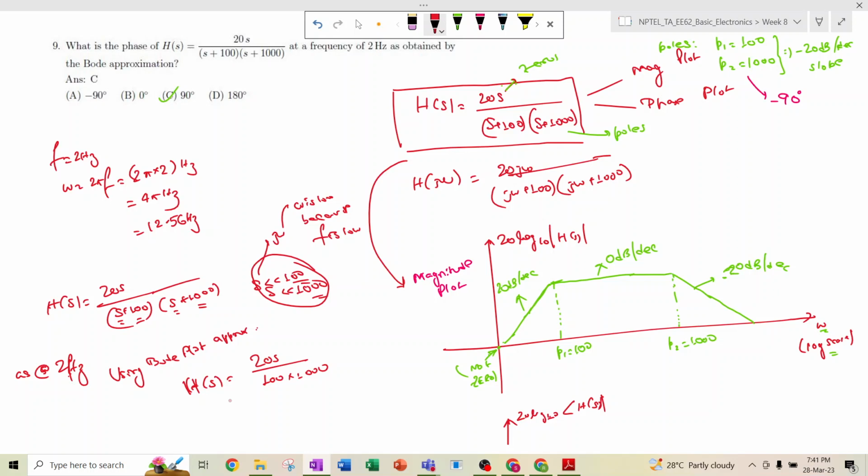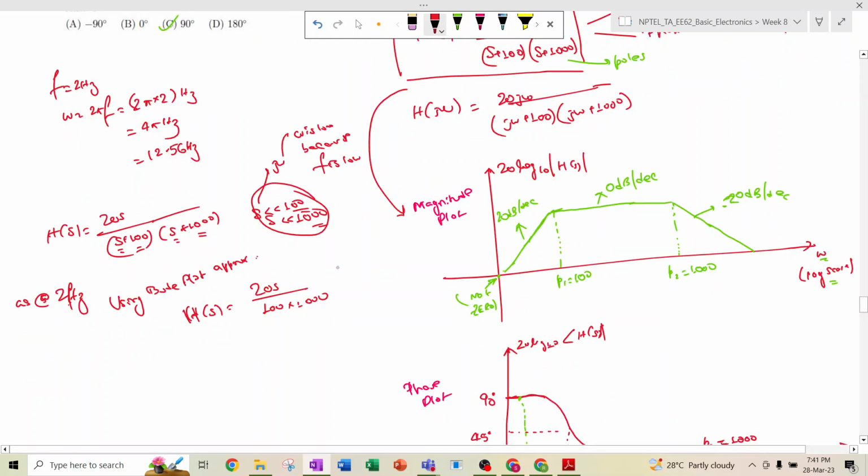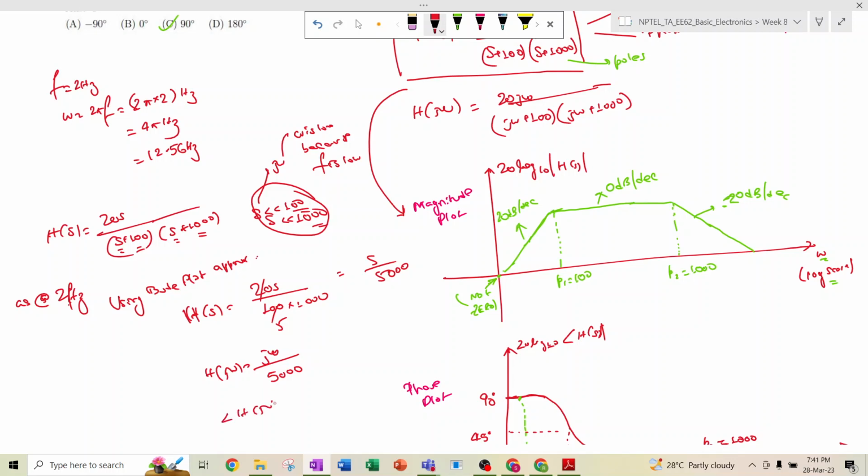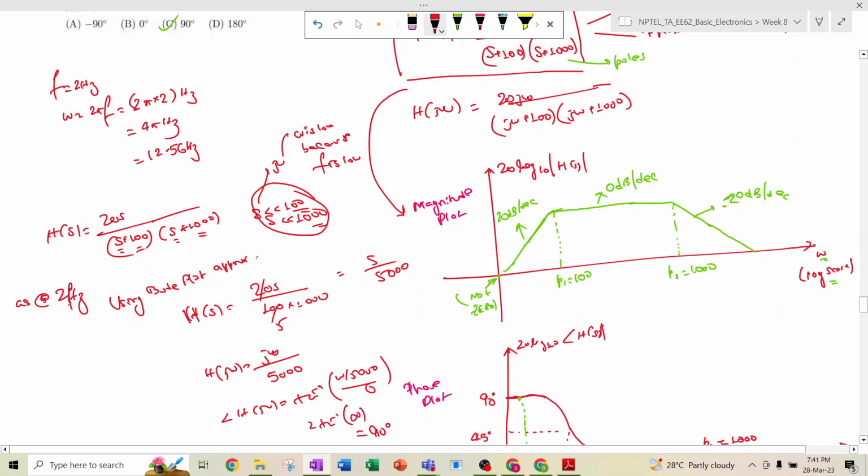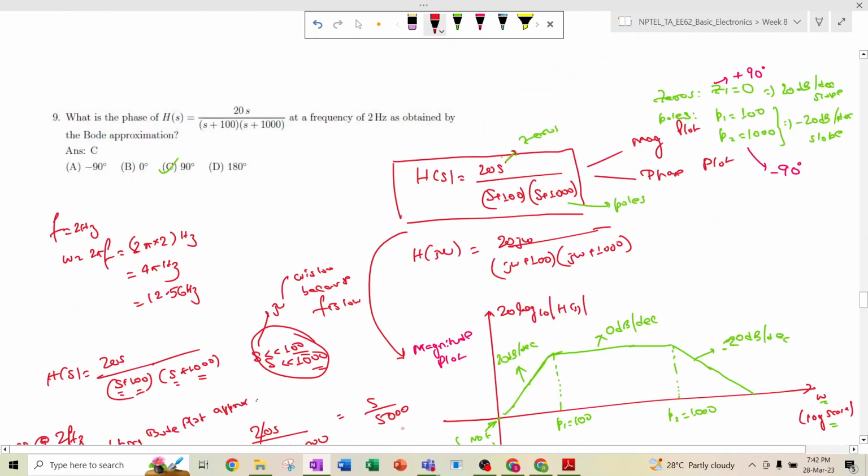So that means this will be s divided by 5000, and H(j omega) will be j omega divided by 5000. And if you take the angle, it will be tan inverse of omega divided by 5000 divided by 0, that means tan inverse infinity, that means 90 degree. So it will add plus 90 degree. So the correct answer will be option C.